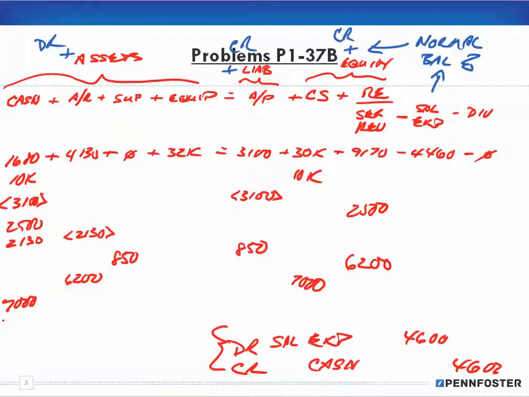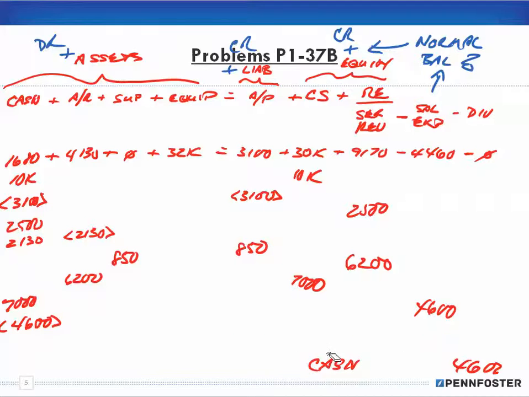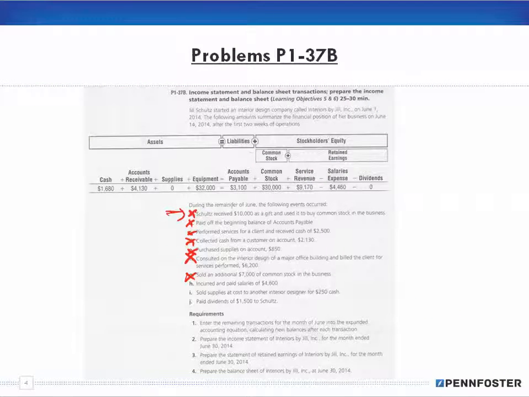All right, so I'm decreasing my cash by 4,600, and I'm increasing my salary expense by 4,600. So that was that entry.